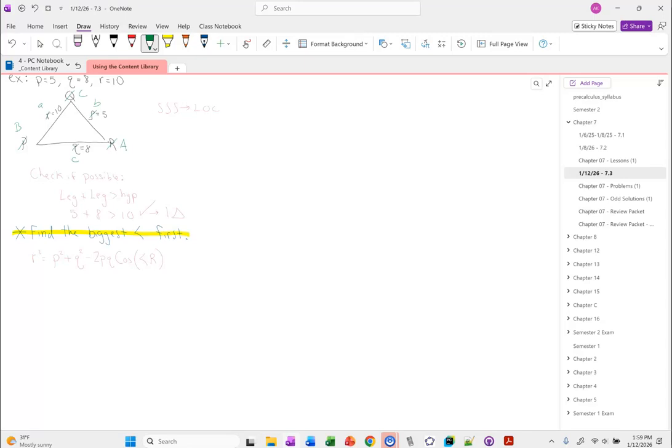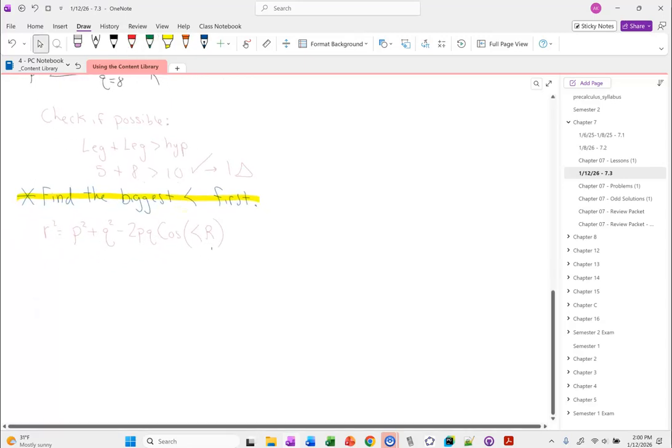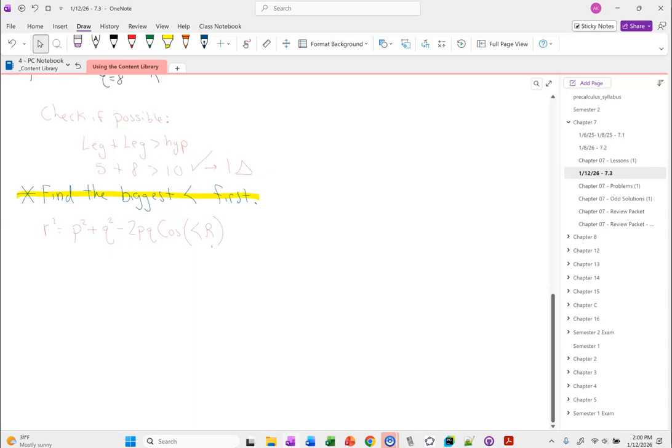If you get it, it's just that the side you're solving for and the angle have to be paired together, and then the other two sides just fill in the other stuff. That's all that's happening there with the formula. So let's fill in.